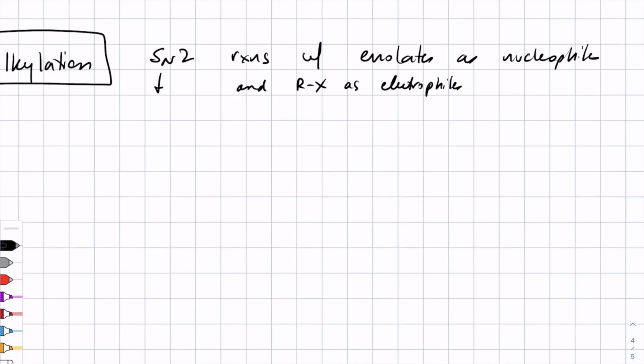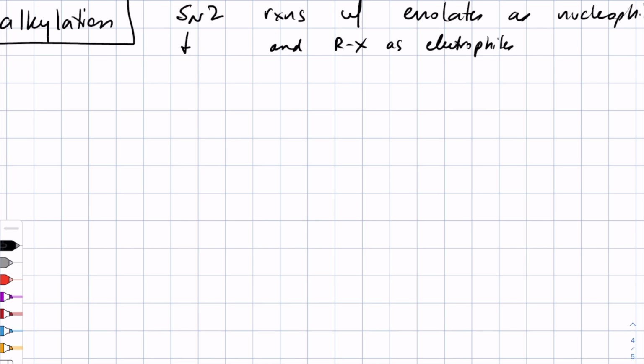So just to set things up, remember that for the SN2 reaction, primary alkyl halides are fast, secondary alkyl halides are slower, and tertiary alkyl halides are no good.